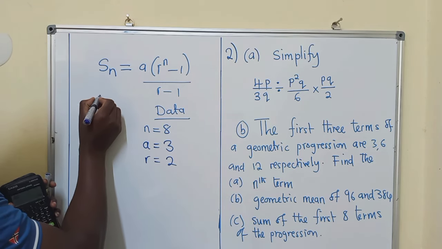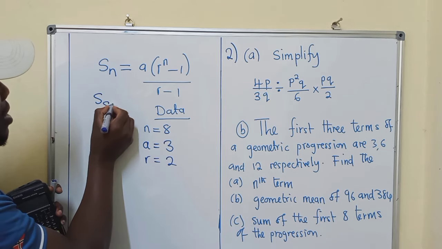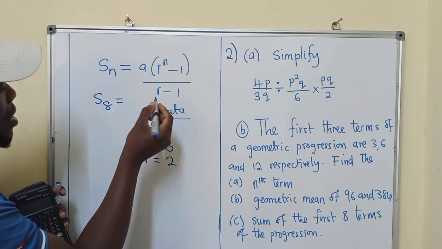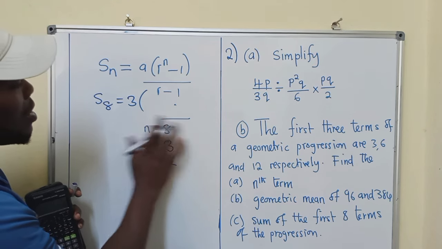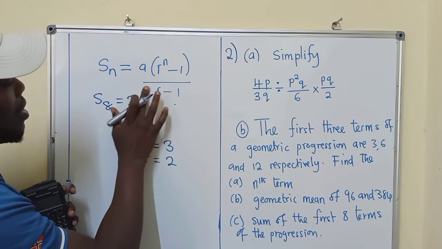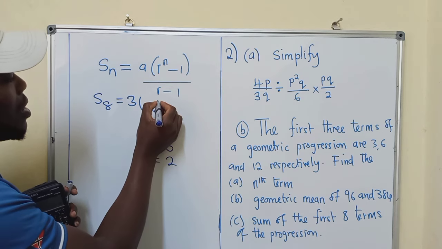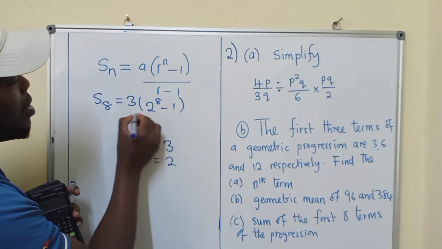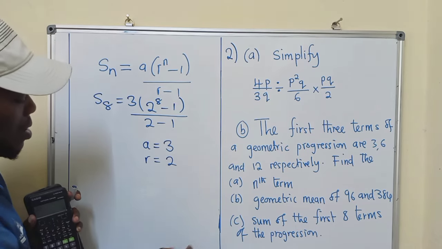We can now start plugging in. S, what are we putting there? S 8 is equal to 3 here, and here it's a 2 power 8 minus 1, over here 2 minus 1.